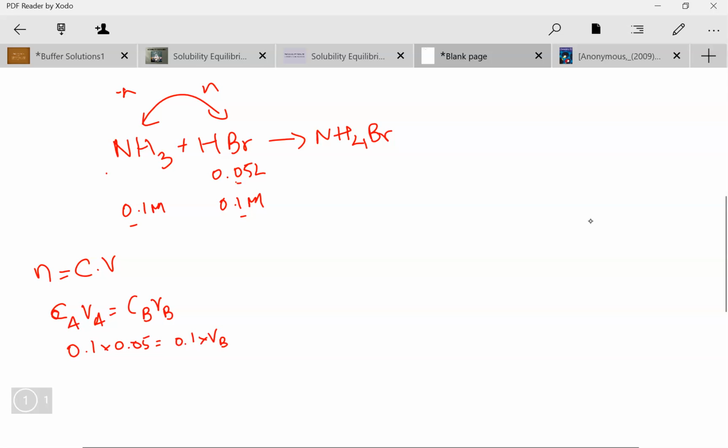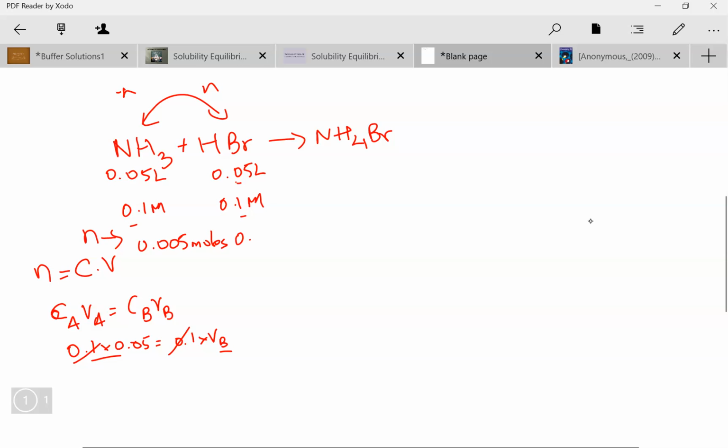And you can see here that this is also 0.05 liters because you could do the calculation if you want, but essentially it's the same thing. Now, what are actually our number of moles? So number of moles are this times that, which is 0.005 moles.